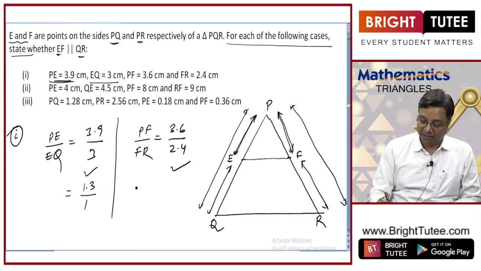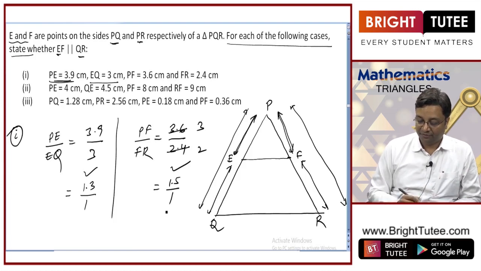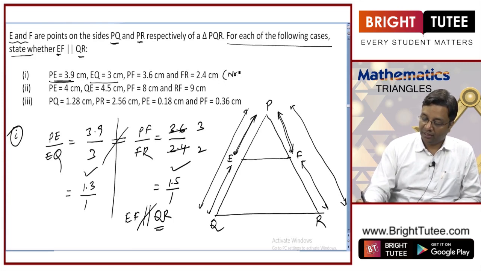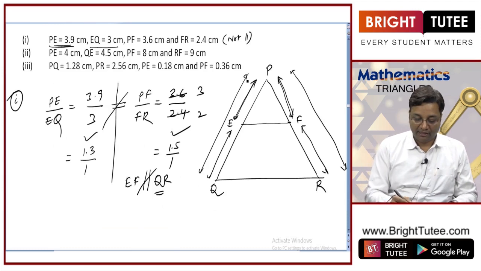Now this ratio here is 1.5 by 1. So these 2 ratios are not equal. Hence EF in the first case is not parallel to QR. So, in this case not parallel, right.